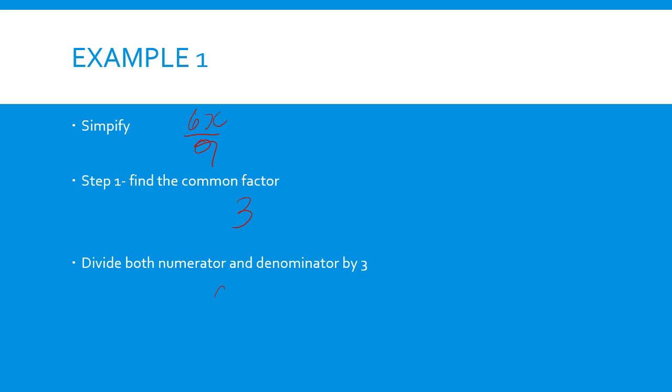So it's 6x divided by 3 and 9 divided by 3. 3 into 6, 2 times, your x remains, over 3 into 9 goes 3 times. And that's your answer. Straightforward enough?